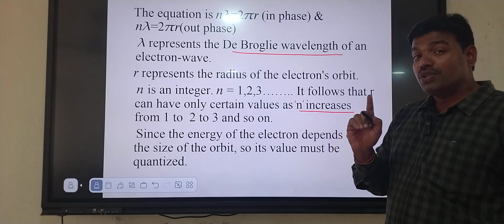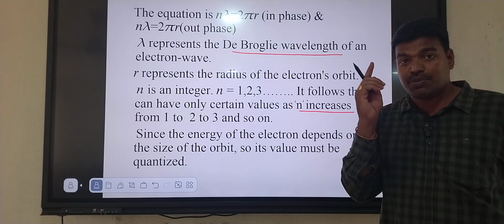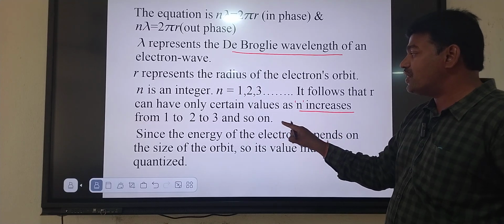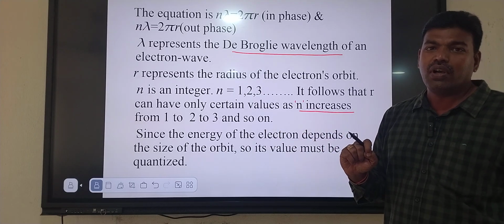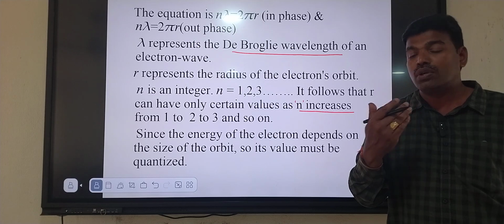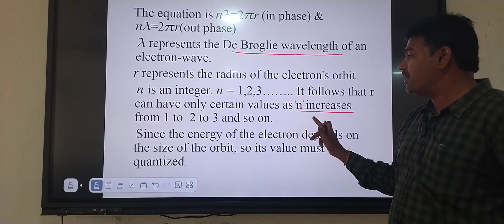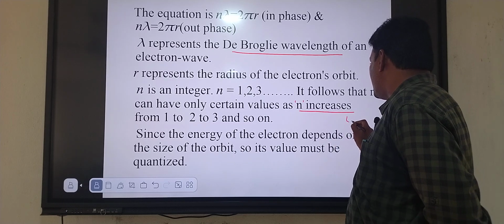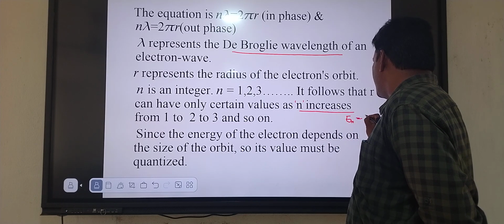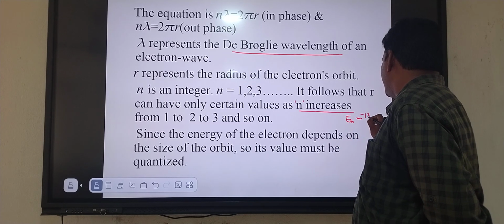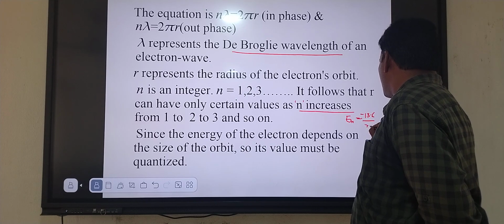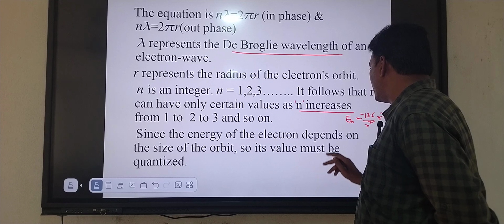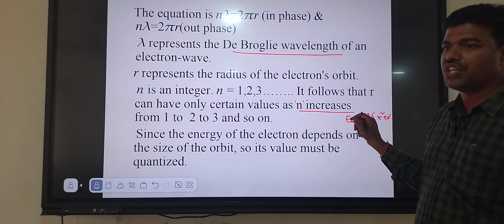Moreover, you need to keep in mind that the energy of the electron depends on the size of the orbit. How can you conclude this? From Bohr's relation, En is equal to minus 13.6 by n square into Z square electron volts. This is Bohr's energy equation.